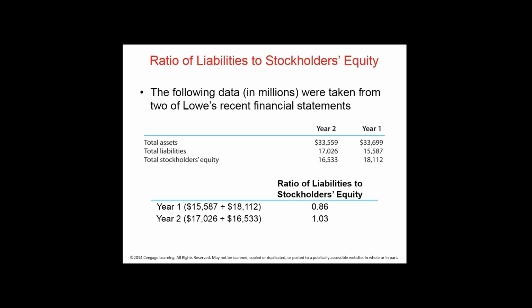In year 1, it was 0.86, and in year 2, it went to 1.03. This is implying that the company has financed its operations mostly with debt, almost equally with debt and equity financing in year 2, and slightly more in equity in year 1.